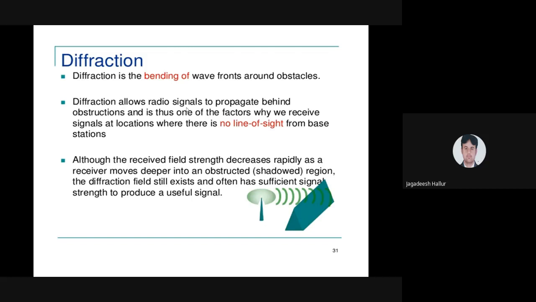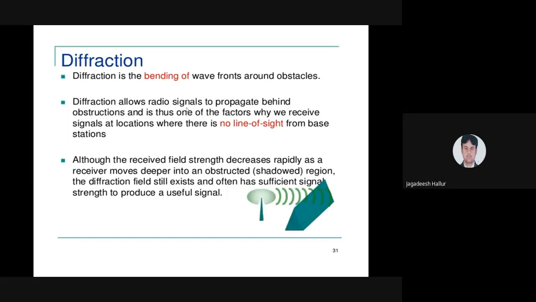The received field strength decreases rapidly as the receiver moves deeper into an obstacle, that is, the shadow region. The diffraction field still exists and often has sufficient signal strength to produce useful signals. When the signal bends around the wave, the strength of the signal is reduced by the time it reaches the receiver.